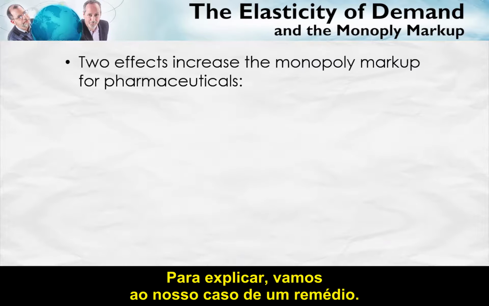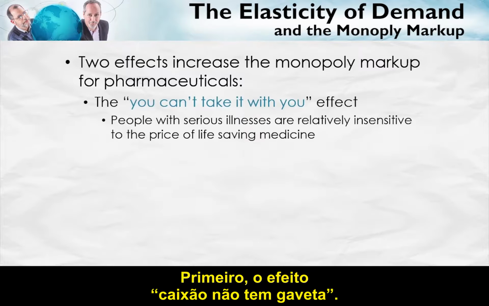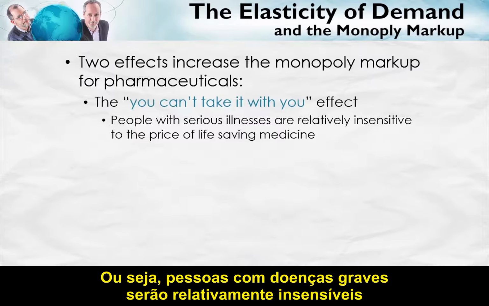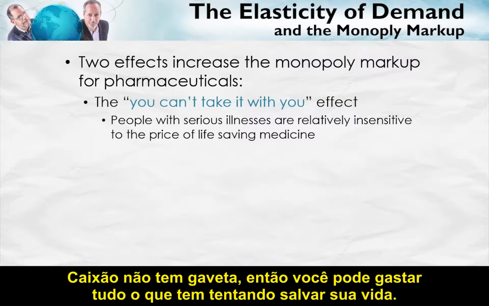For intuition, let's go to our case of a pharmaceutical. Two effects are going to increase the monopoly markup in this case. First, the you can't take it with you effect. Namely, people with serious illnesses are going to be relatively insensitive to the price of life-saving medicine. You can't take it with you, so you may as well spend all you have trying to save your life.